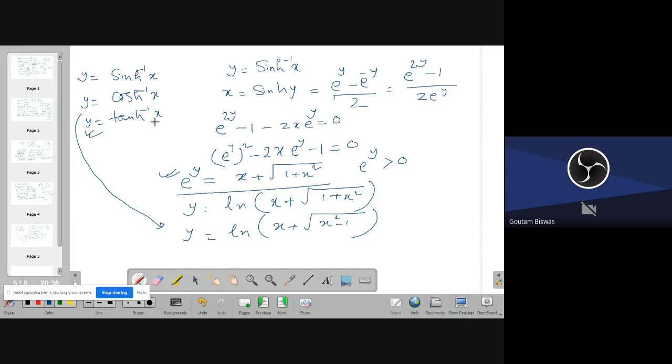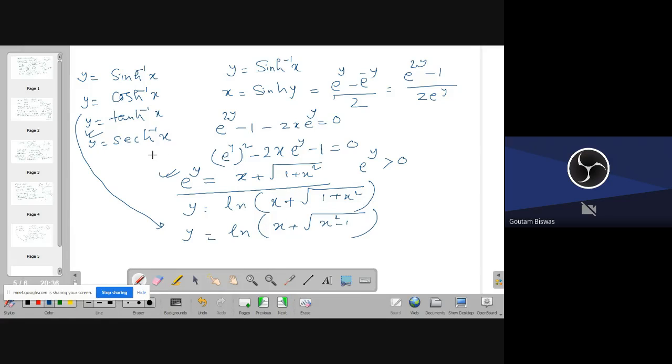y equal to tanh inverse x, then y is equal to sech inverse x. Not tomorrow, you just show me; I will tell you when you will submit your assignment.